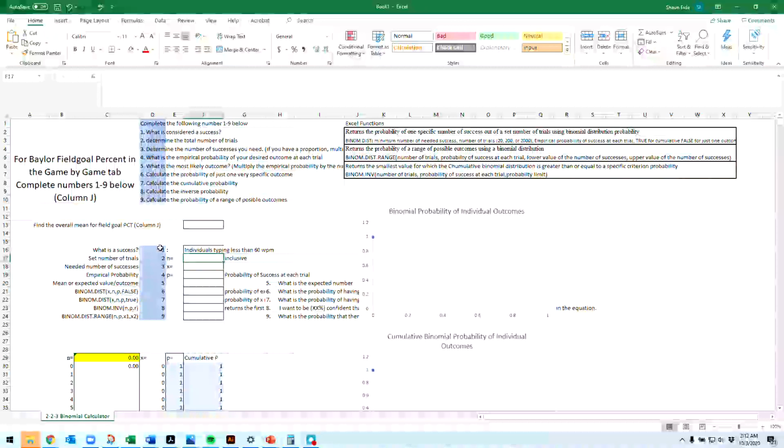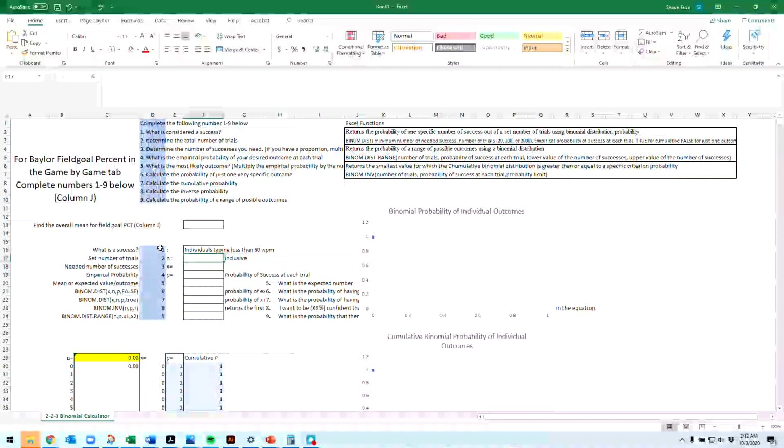Successes are whatever percentage that you are looking at in the equation, whatever that percentage reflects. So in this case, 25% represents the probability that an individual will type less than 60 words per minute. So the success is that because it's associated with that 25%.